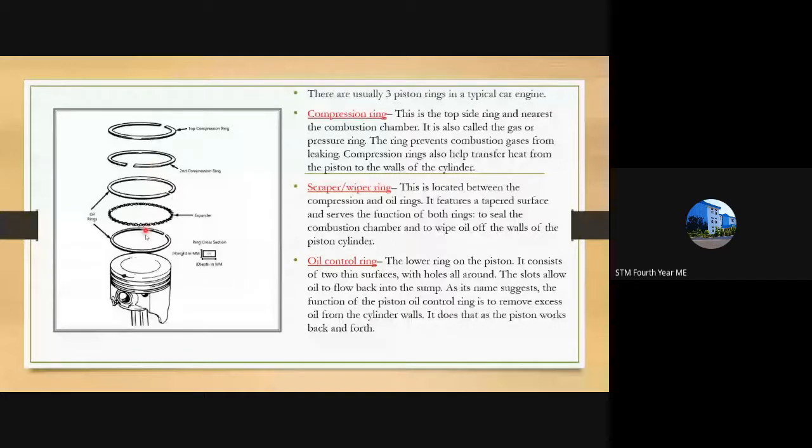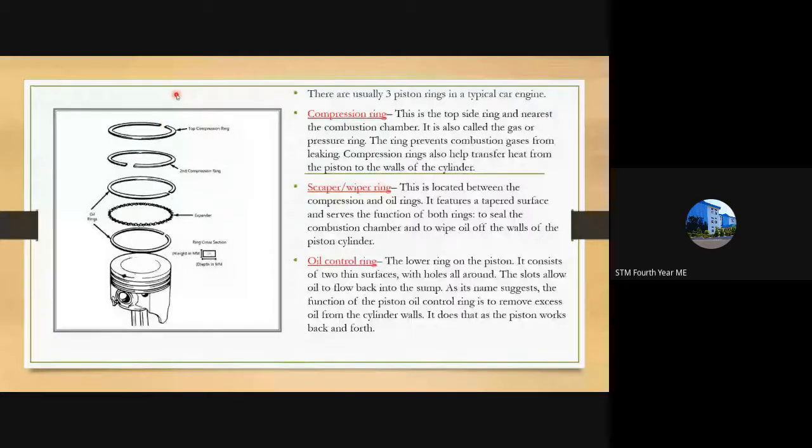The topmost ring is the top side ring and nearest to the combustion chamber. It is also called a gas or pressure ring, because when compression occurs, a huge pressure is generated inside the cylinder. Also when the combustion stroke occurs, a huge pressure is generated.